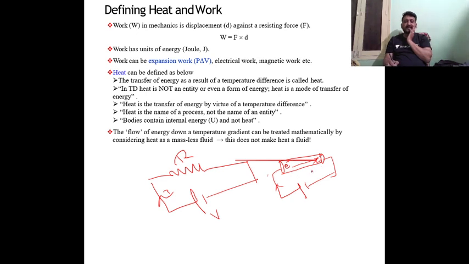This is nothing but the work done by the electron in moving from one part to the other when you apply an external source. This is called electrical work. Like this, there are many kinds of work which we are going to discuss.